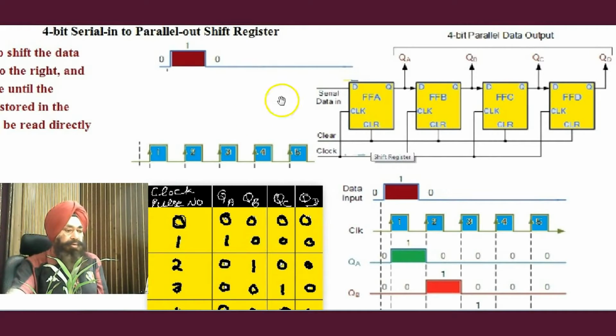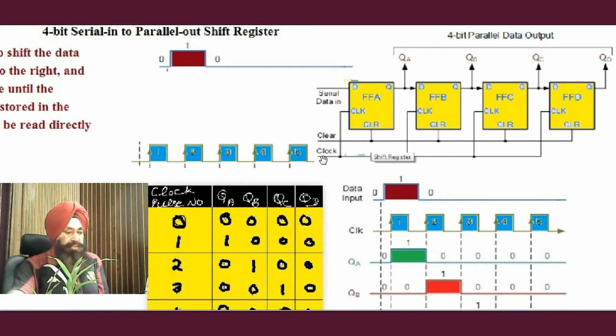Now what happens? Let's say that before the data is applied, the clear is activated so that the outputs of all the flip-flops QA, QB, QC, QD are in the low position, that is QA 0, QB 0, QC 0, QD 0, and the clock is also disabled at that stage.